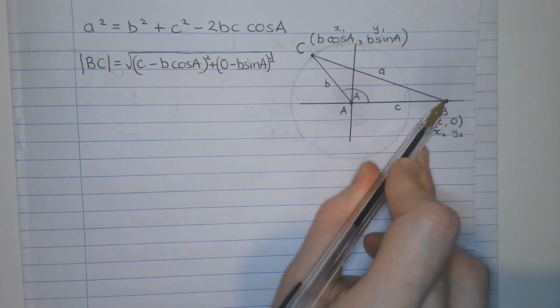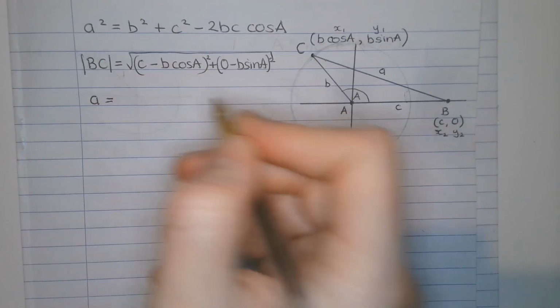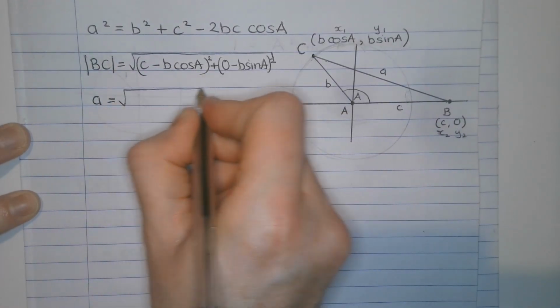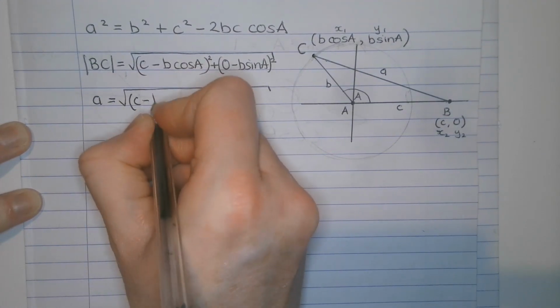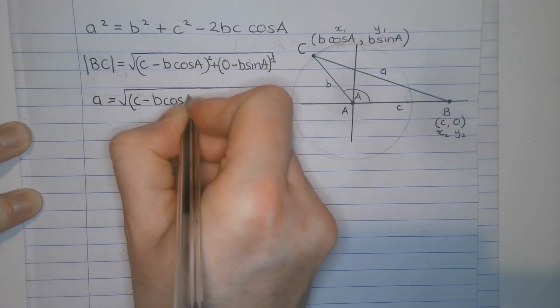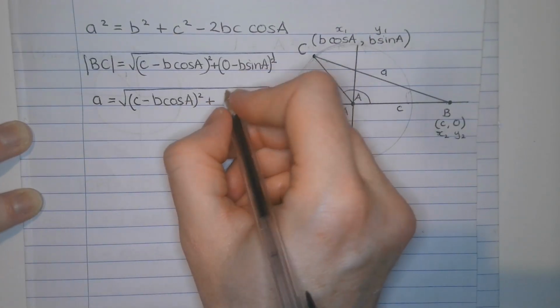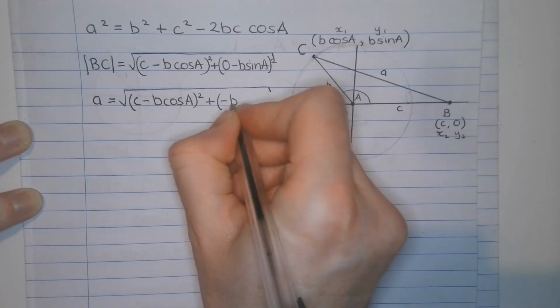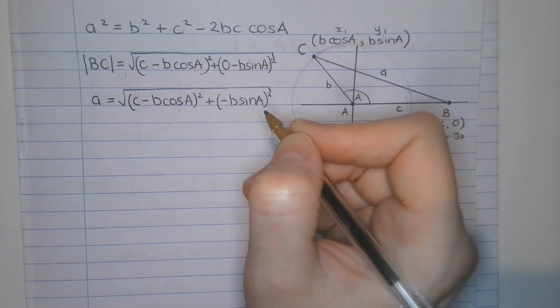We already know from our diagram here that BC can actually be expressed as a, and it will be the square root again of c minus b cos A, squared, plus minus b sine A, squared.